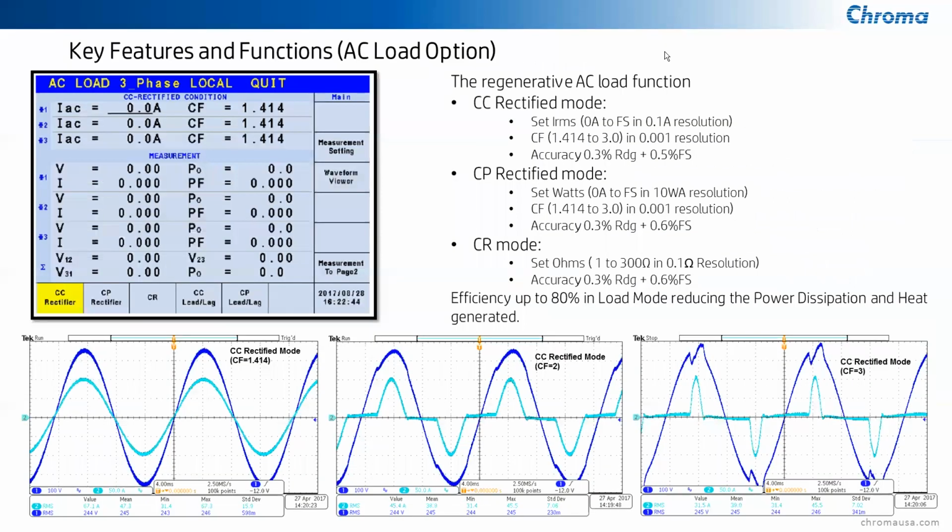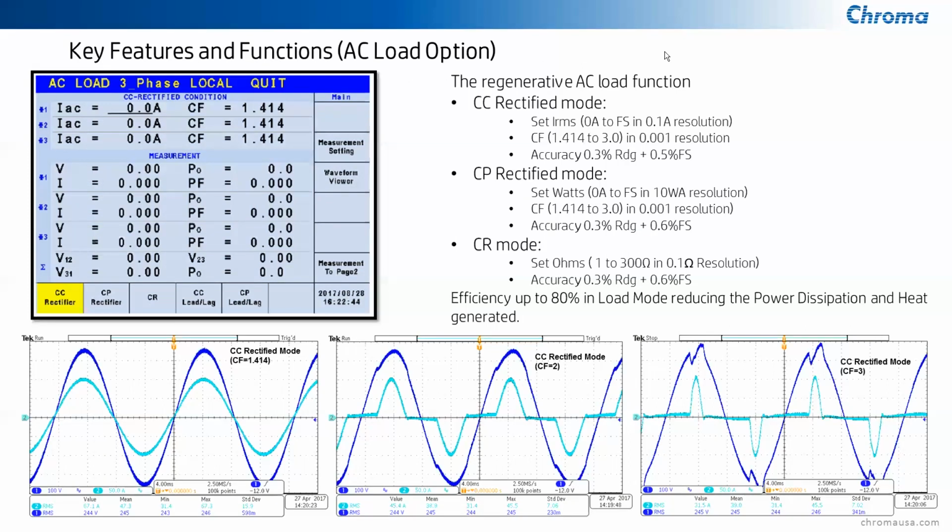So the other thing that comes up is our optional AC load. When you're testing a device that is driving another device, it has to be tested fully under different conditions. Using our programmable AC load, we have the ability to do it in different types of rectified mode, constant current, constant power.